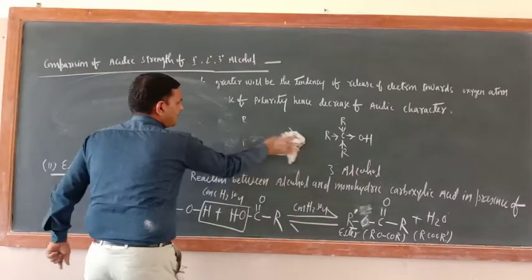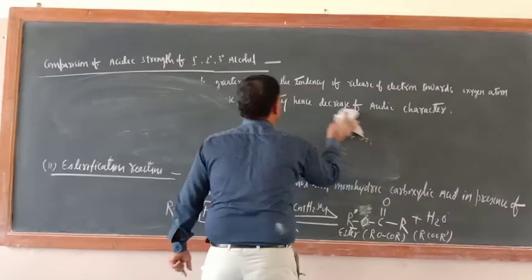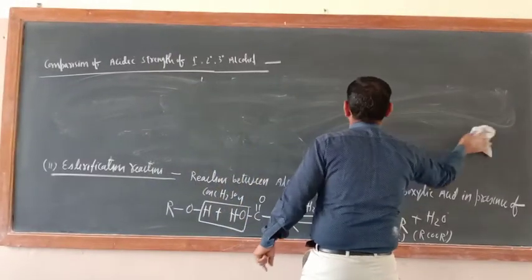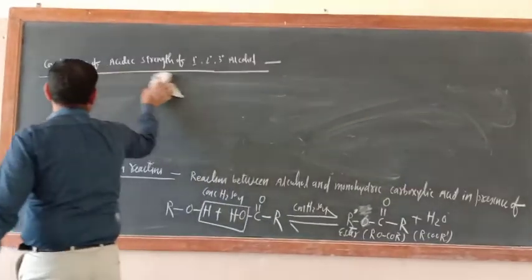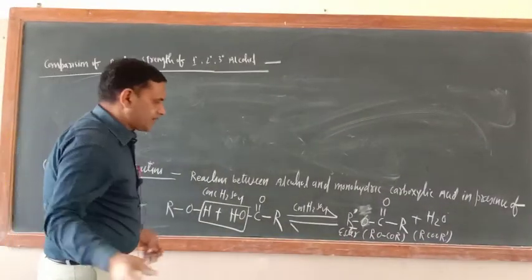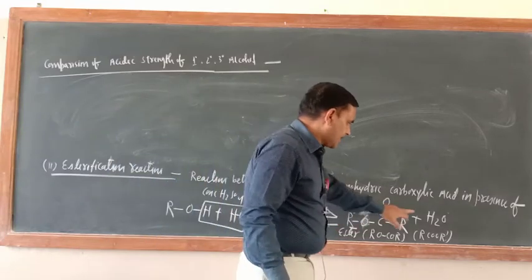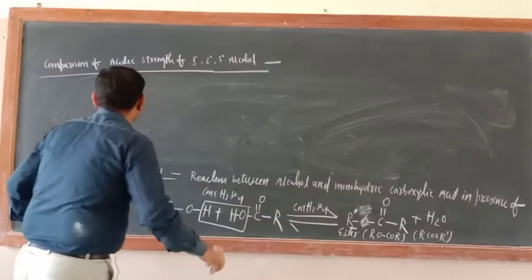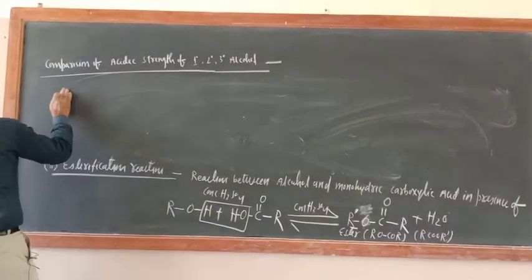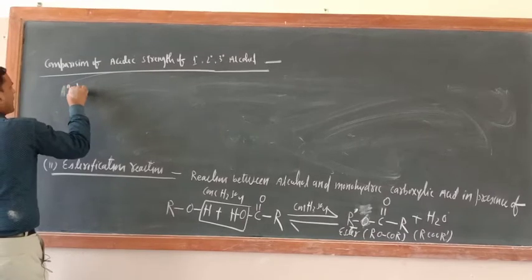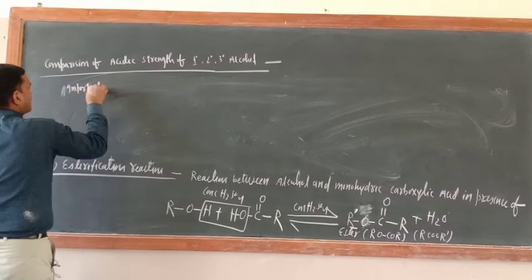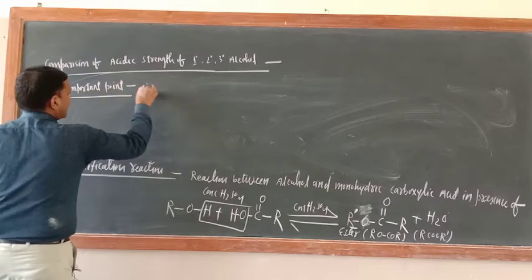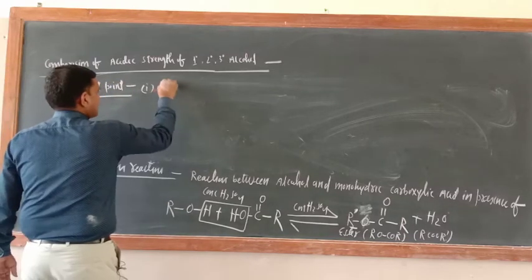Now some more aspects are there regarding this reaction and we'll complete that also. Number one thing is, this reaction is reversible in nature. So to get a better yield of ester, H2O should be removed frequently. What are the important points of this reaction? The first important point is the reaction is reversible.